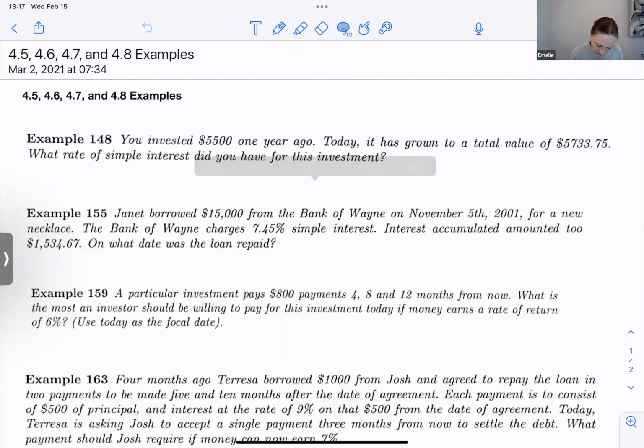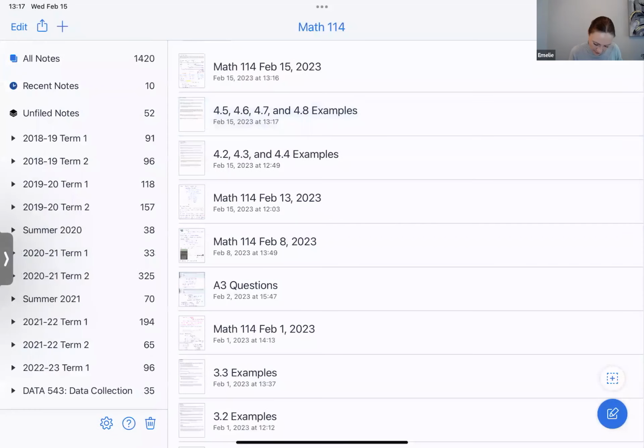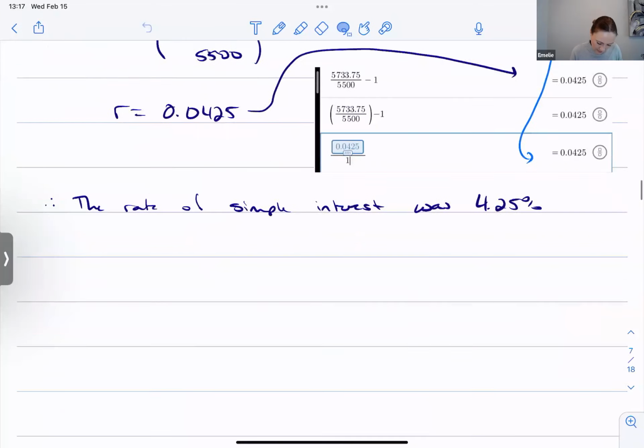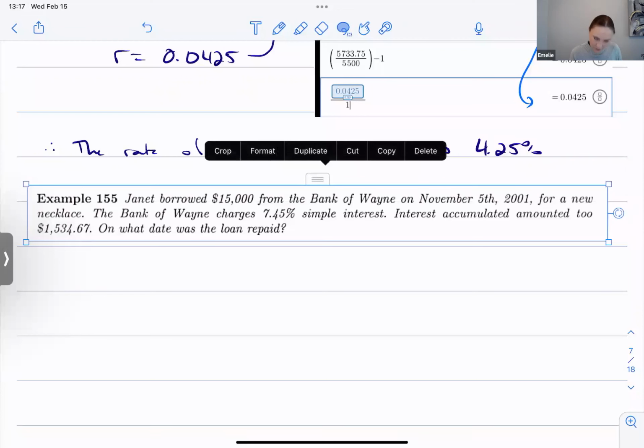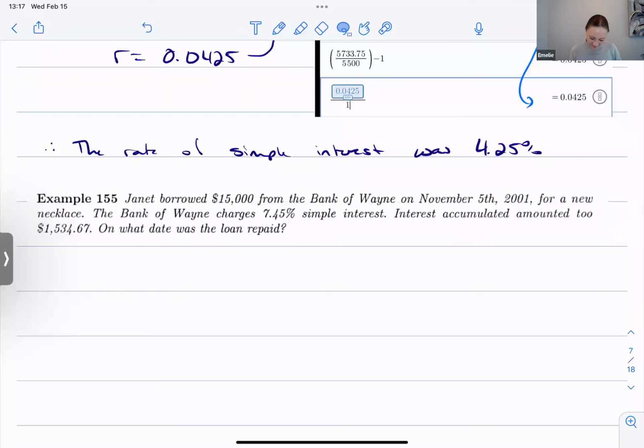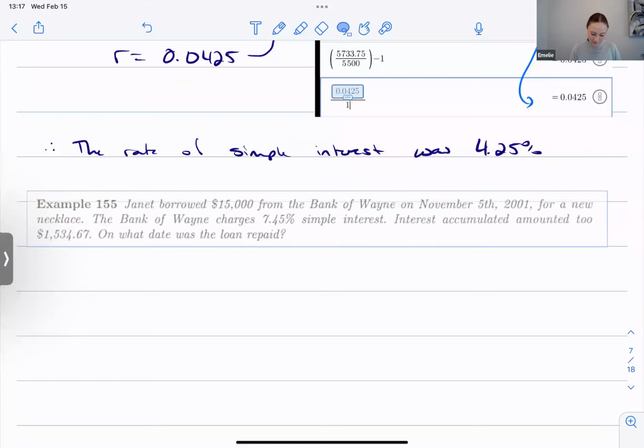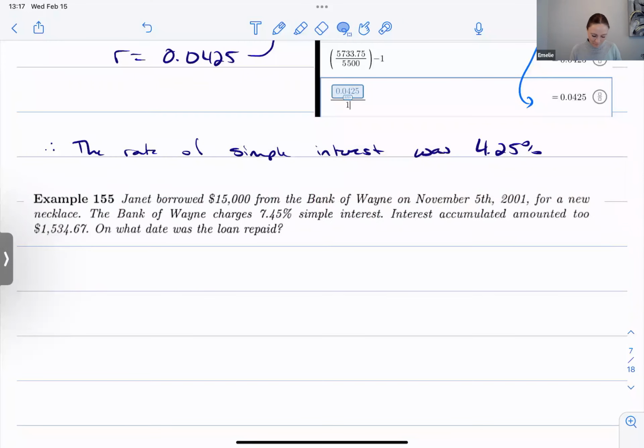Let's do example 155. And then I have a pretty fun one, well, fun for me, maybe. Oh yeah, I love this one.